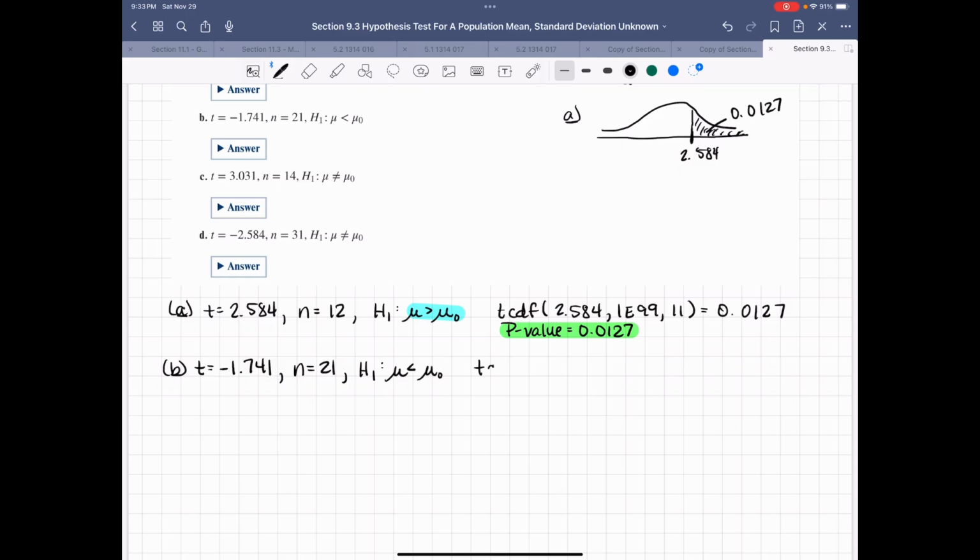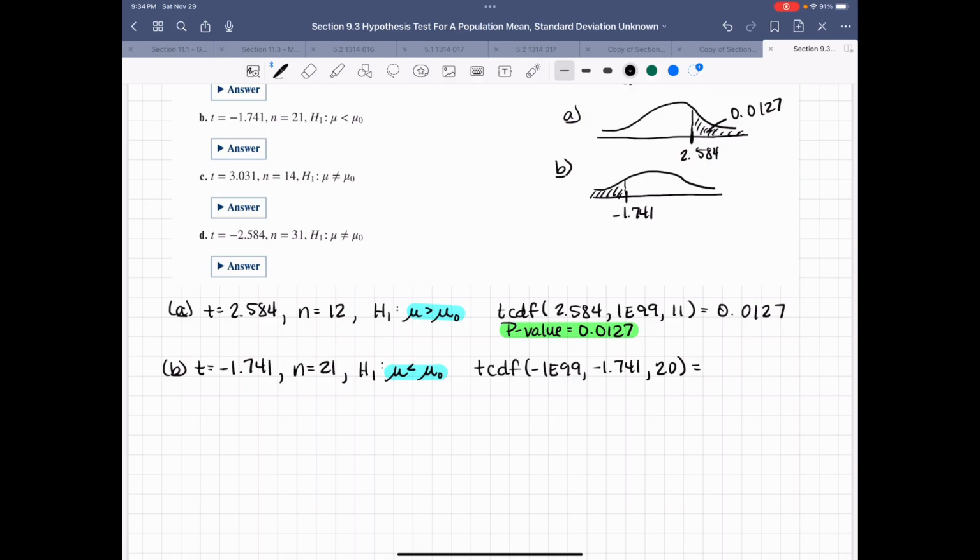So my t-CDF is going to go from negative 1E99 up to negative 1.741, and my degrees of freedom will be 20. Remember, degrees of freedom are n minus 1. If I'm looking at my distribution here, I have a negative 1.741, and I'm looking for what this is right here because it is less than the null.